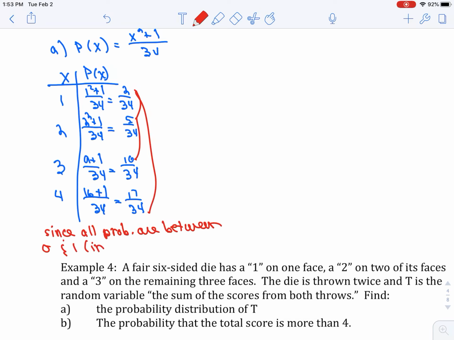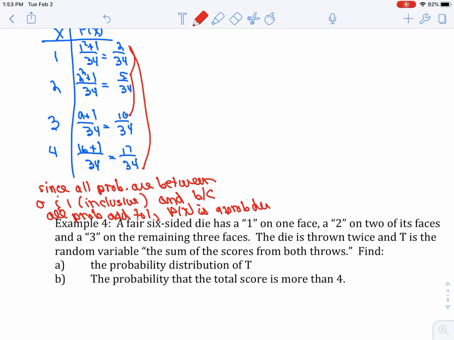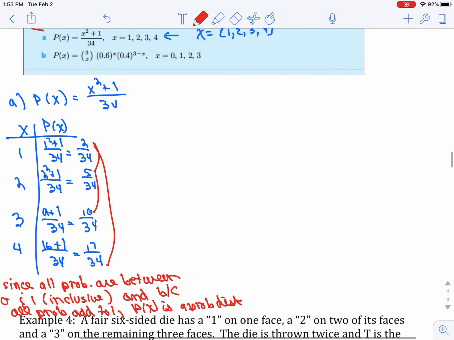You might even want to put inclusive here just in case there's ever one that has a 1 or a 0. And because all probabilities add to 1, P of x is a probability distribution. Okay, so you just write a little sentence to show that.